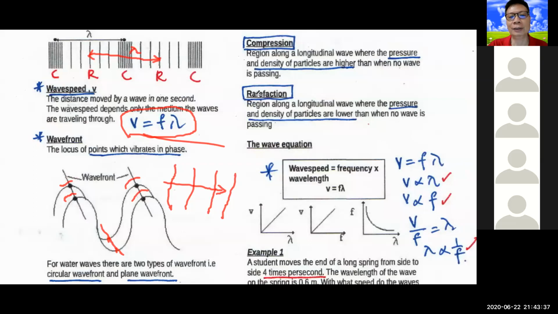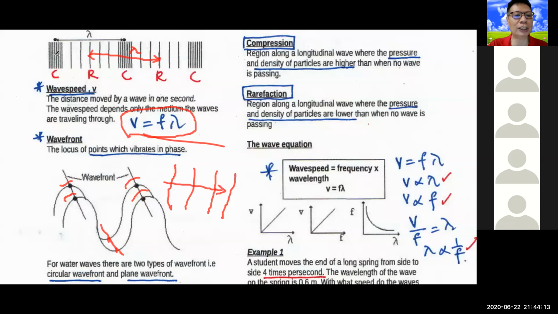Okay. Next, rarefaction. Rarefaction is here. Region along a longitudinal wave where the pressure and density are lower. At this area, because all the particles are spread out already, the pressure becomes low, density also becomes low. So remember, if the definition question asks what is the meaning of compression, you must say it is a region at which the pressure and density are higher. Rarefaction is a region where the pressure and the density of particles are lower.